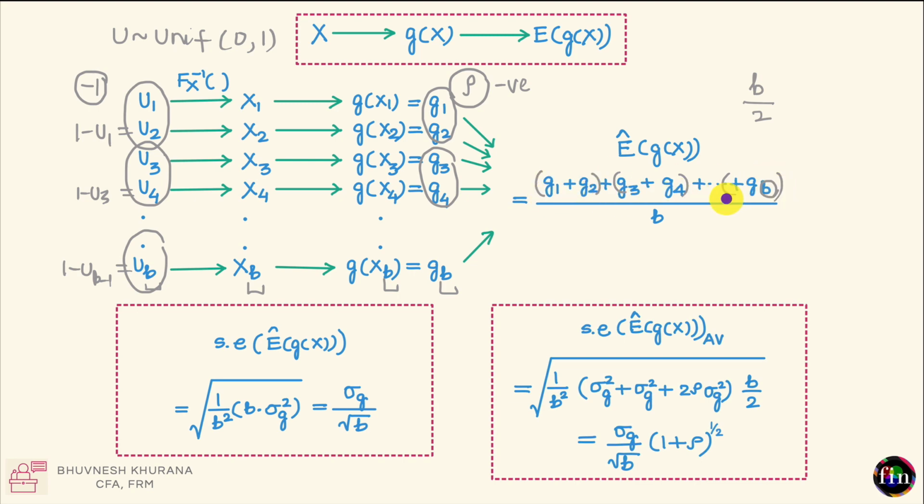In this numerator, we have these many pairs of values. Within any given pair, the variance turns out to be the variance of this one, which is sigma g squared, plus the variance of this one, again sigma g squared, and now I also have to introduce the covariance term.